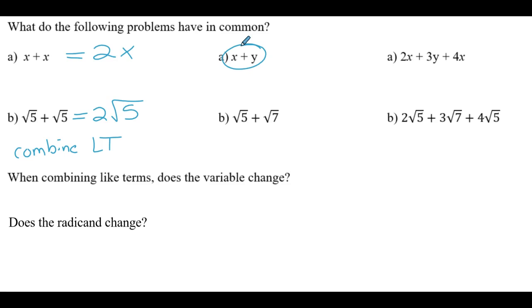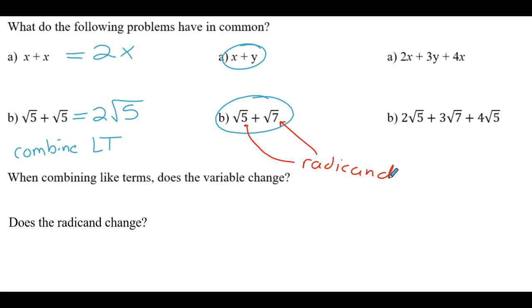So on B, underneath it, what is the square root of 5 plus the square root of 7? Square root of 5 plus square root of 7. That's it. If they're not the same radicand, I'm going to use that vocabulary we just learned. So these are called the radicands. If they're not the same radicand, then they're not like terms and they cannot combine.